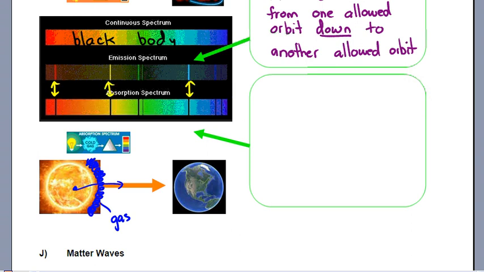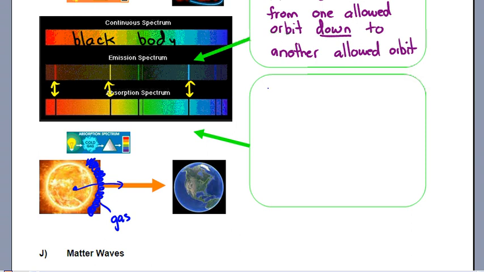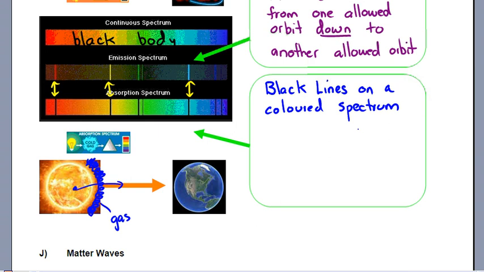We see these black lines on that typical black body full Roy G. Biv spectrum. So for an absorption spectrum, these are black lines, kind of missing colors if you wish. That's exactly what they are. They're black lines on a colored spectrum. So what's going on there?